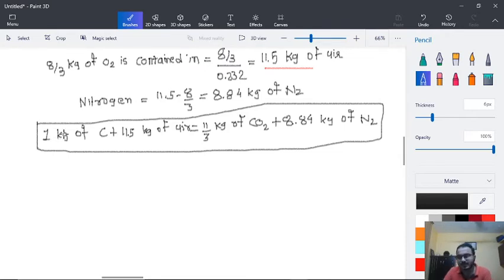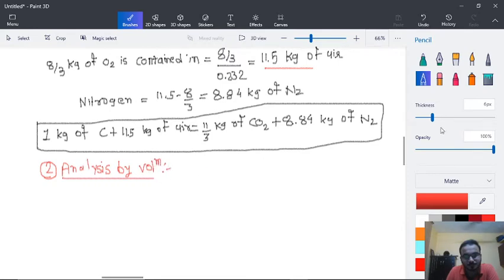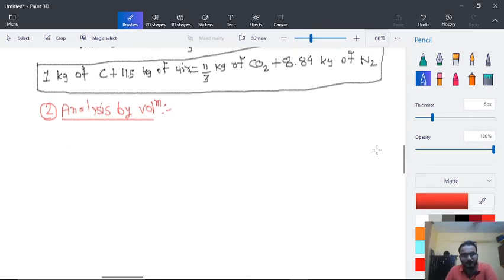So now our second case is analysis by volume. Here the equation will remain the same, that is C plus O2 is equal to CO2.